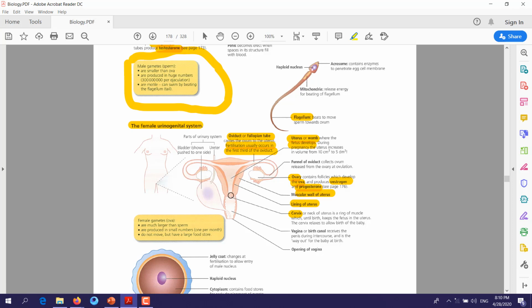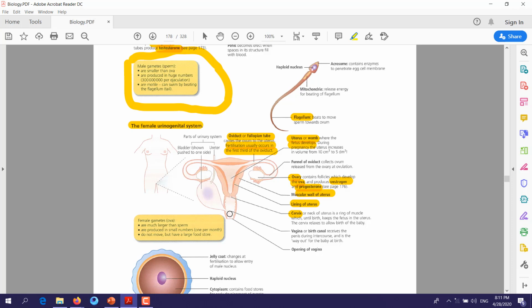This opening will stay closed when there is a fetus in it, keeping the fetus in the uterus. During birth, these muscles will relax. When they relax, it will enable the embryo to pass through.